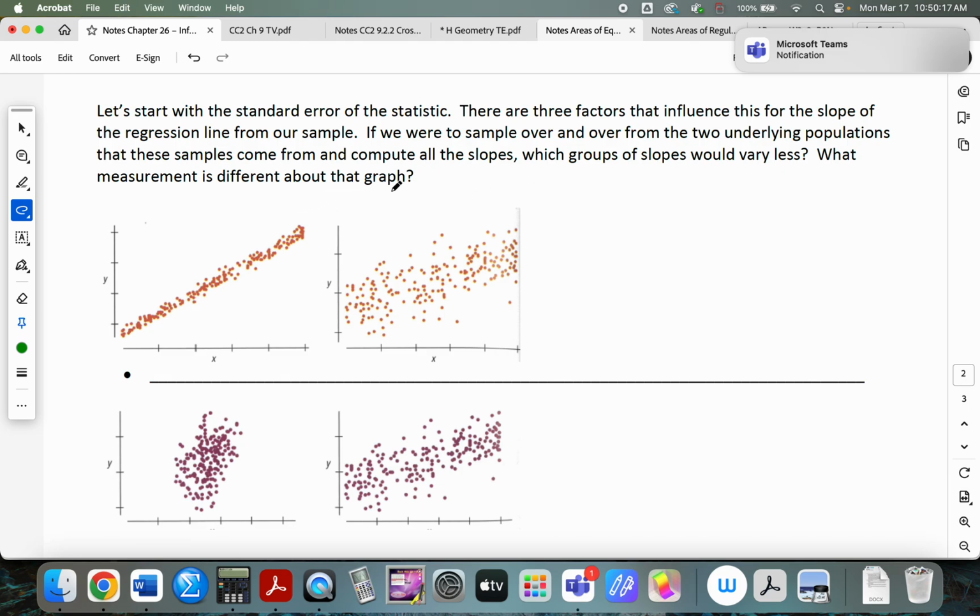What measurement is different about these graphs? So of these two, one or two, I feel like your ophthalmologist. Does it look better at one or two? Two or three? Which one would have less variability? One. Yeah, the first one.